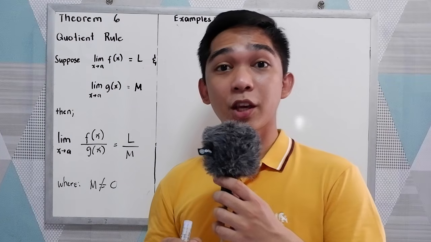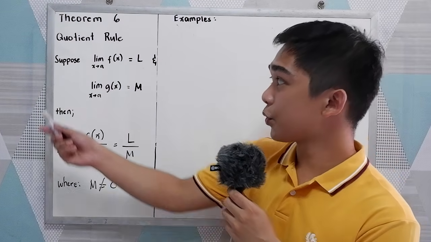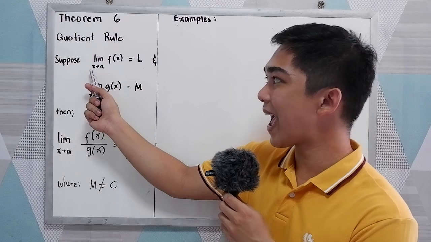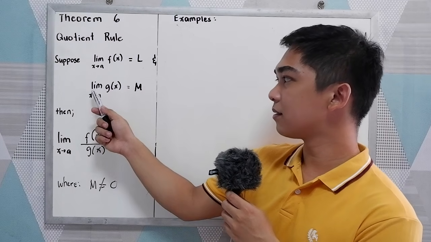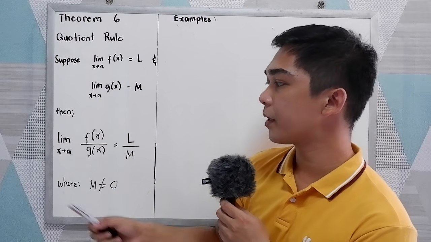Now let's have our theorem number 6, the quotient rule. Suppose we have the limit of f of x as x approaches a is equal to L, and the limit of g of x as x approaches a is equal to m.